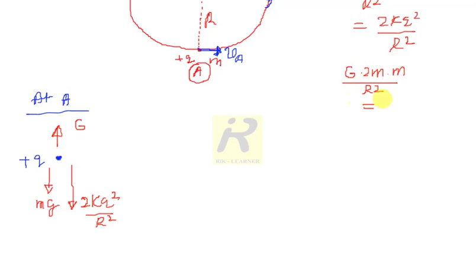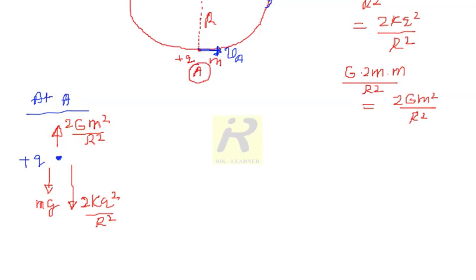So this simply becomes 2Gm square divided by r square. This is what happens at A.